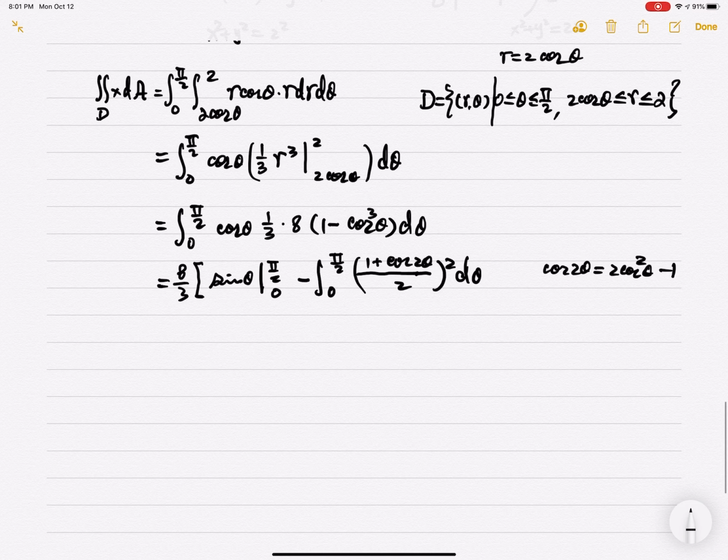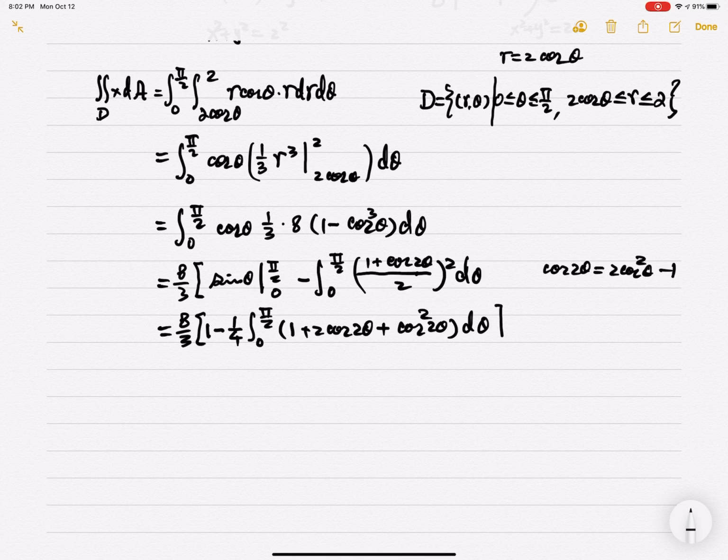Now this is 8/3 times 1 minus, and when you square, you move out 1/4, integral 0 to pi over 2, 1 plus 2 cosine 2 theta plus cosine squared 2 theta, d theta.